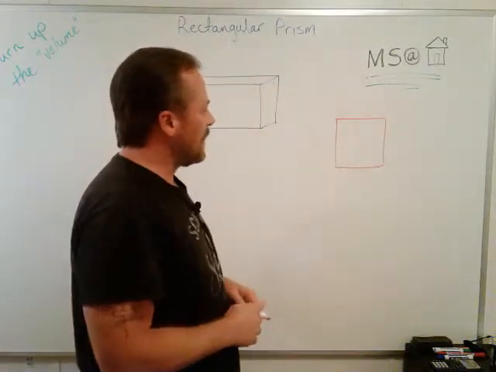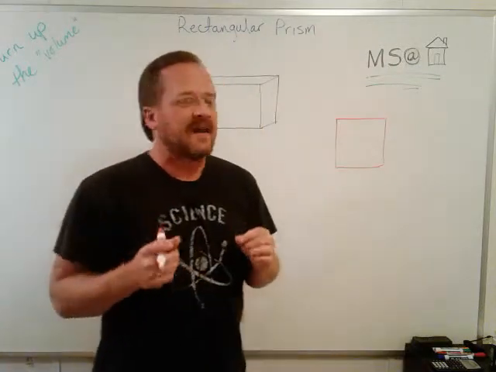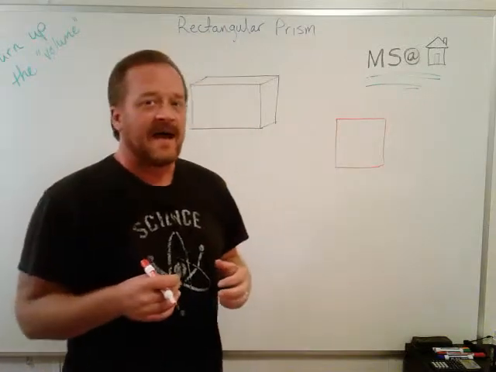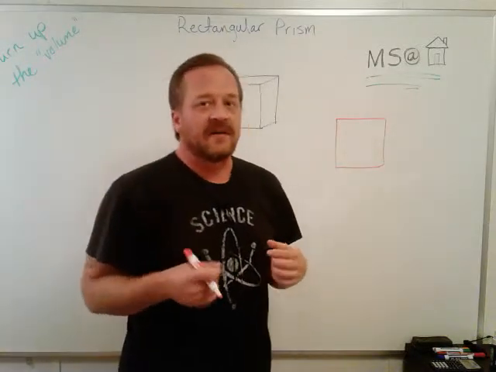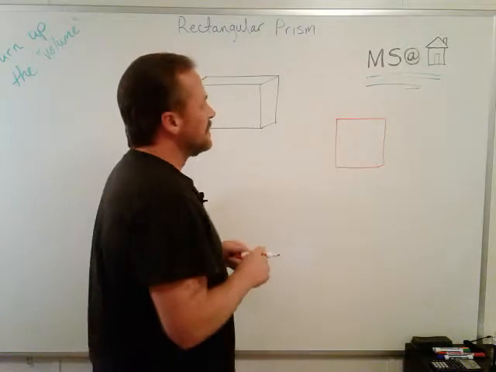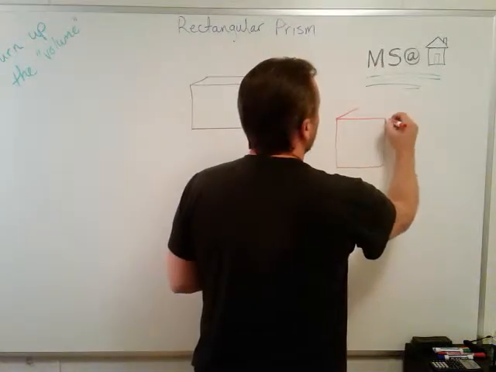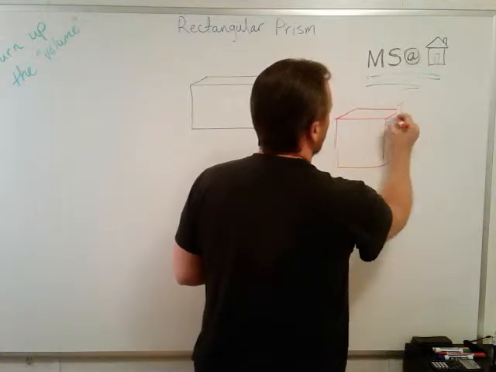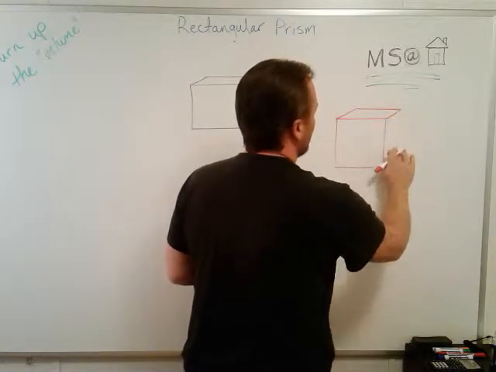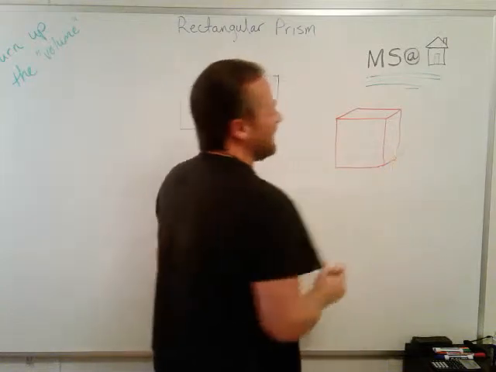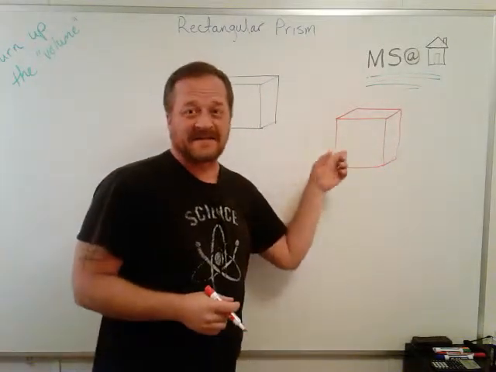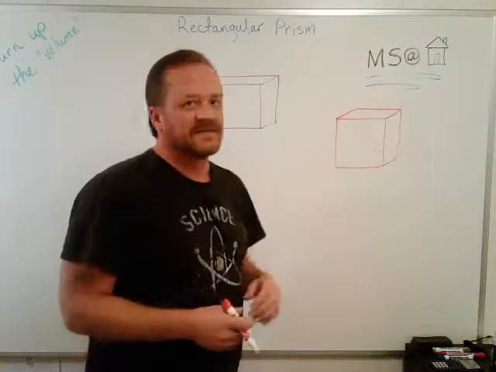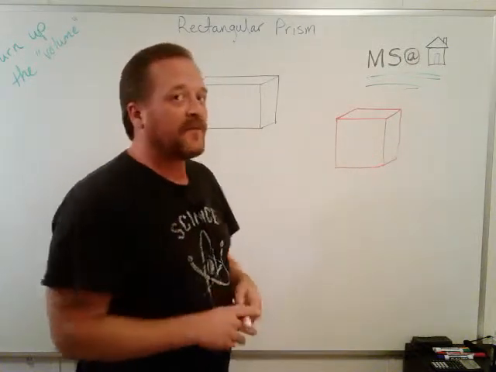Now, if I take that whole face and extend it out in another direction, 90 degrees to be exact, it becomes a three-dimensional object. If I know how to draw, I could show you that it kind of looks like a cube, huh? As long as every one of these dimensions is the same.